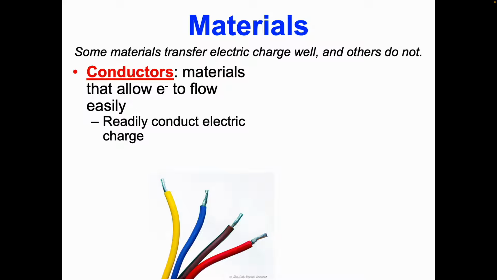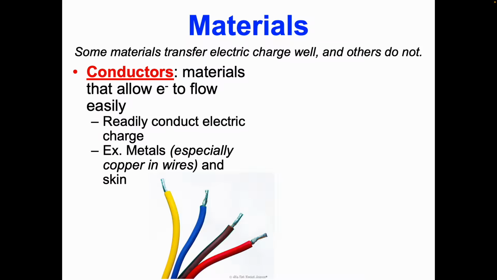You can say that they readily conduct electric charge. This would be something like metals, especially copper and things like that we see inside of wires, but then also your skin, which is why you can experience shock when someone goes down a slide and then touches you. They transfer that electric charge to you through your skin.